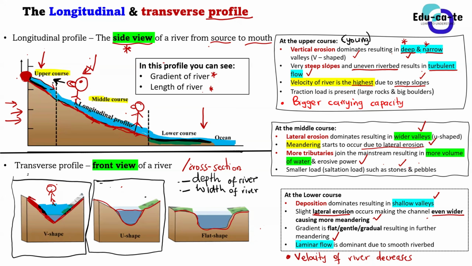We're still going to see that clearly when we're doing the fluvial landforms. But you should know that due to a gentle gradient, we now have smaller velocity. The water is not so speedy now. The velocity of the river decreases. That is why the river deposits the material.